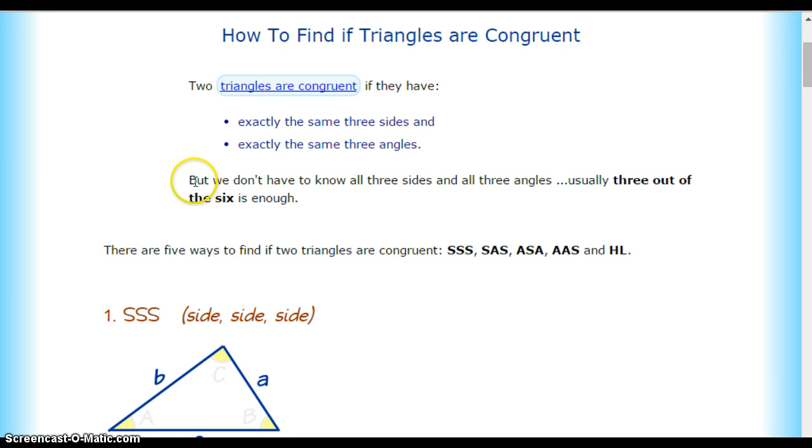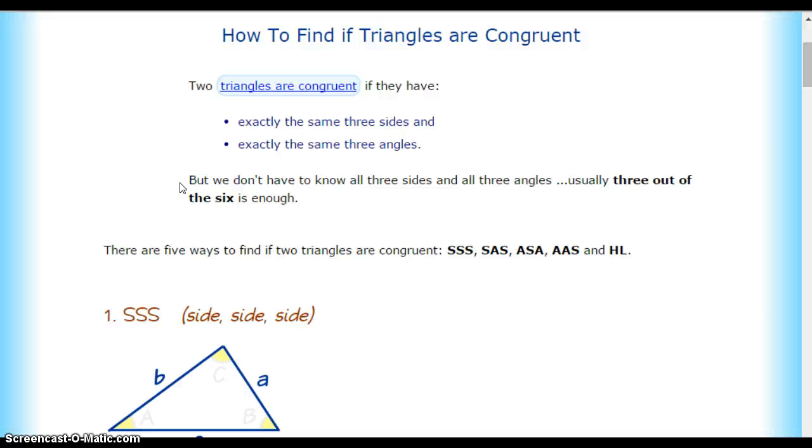Okay, but then it also says here, and this is kind of important, that we don't have to know all 3 sides and all 3 angles. We don't have to check, are all the 3 sides the same and are all the 3 angles equal?